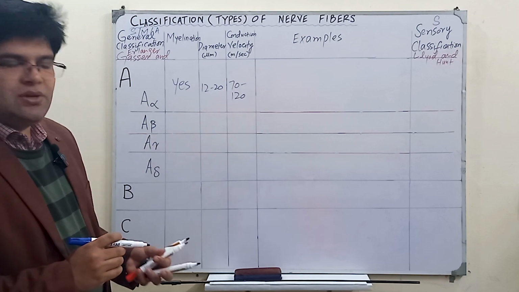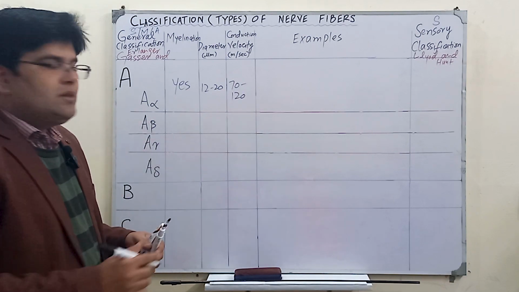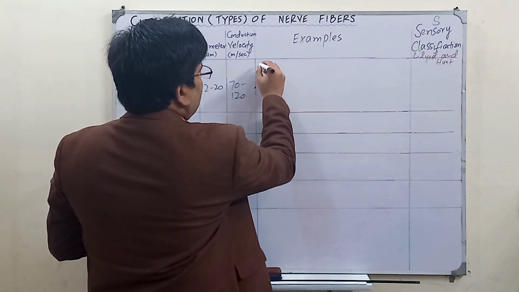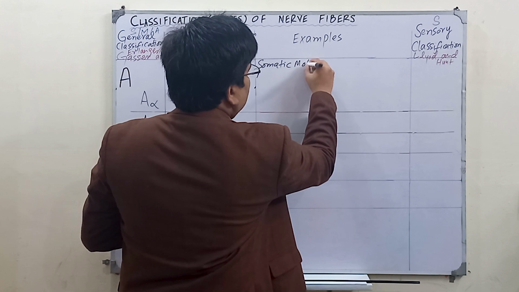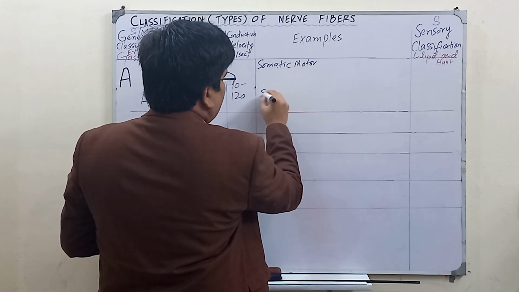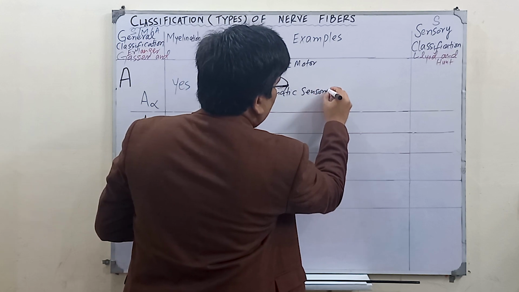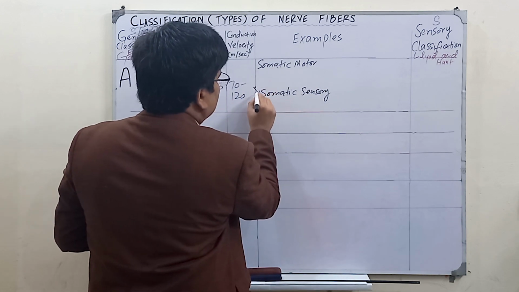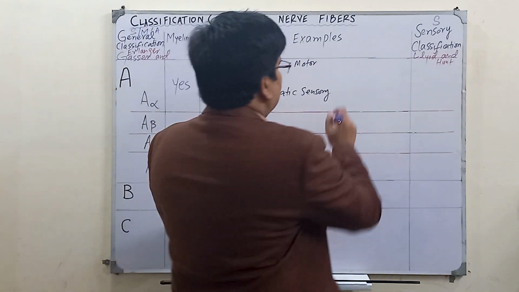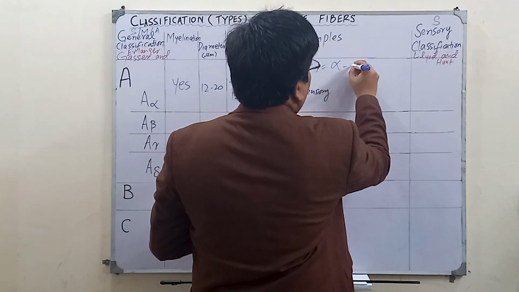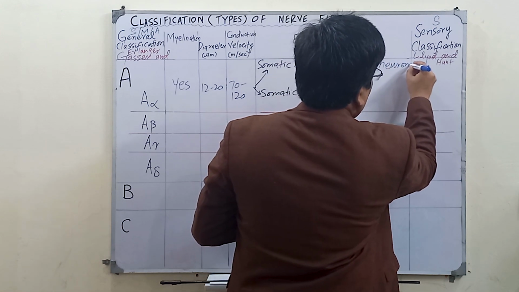And the nerve fibers which are present in A alpha are of two types: somatic motor and somatic sensory neurons. The somatic motor neurons are also called alpha motor neurons.